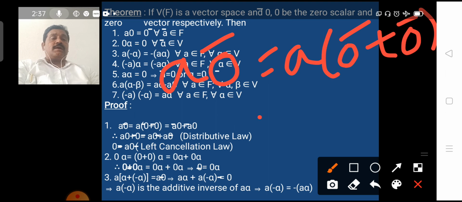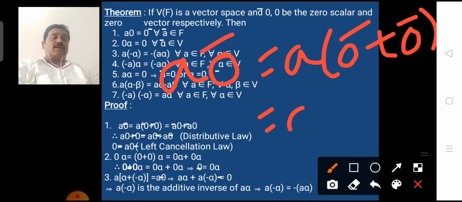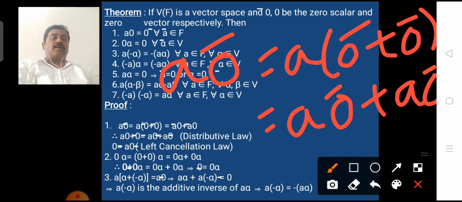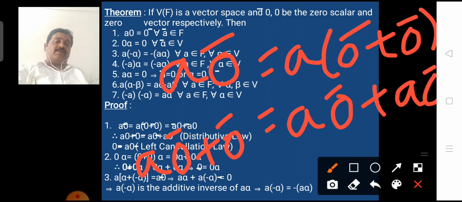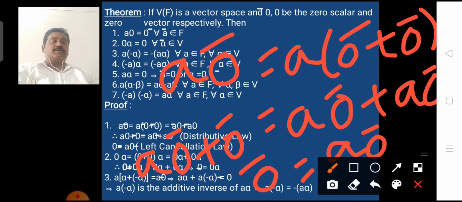By using the distributive law, this is A0 bar plus A0 bar. Here we write A0 bar plus 0 bar on the left side. From this equation, from the left cancellation law, we get 0 bar equal to A into 0 bar. This is the proof for the first one.